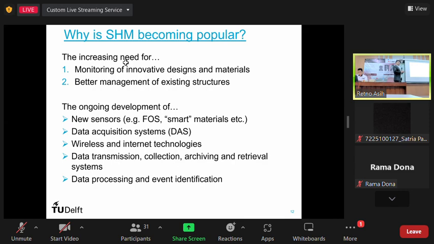Why is it becoming popular? I discussed this, but just to summarize again, it's important to know why we are moving towards this approach. There are some materials and some innovative designs that we don't know how they behave. Traditionally, we had metallic structures, for example. We had a good understanding of their behavior because we did lots of experiments with them.